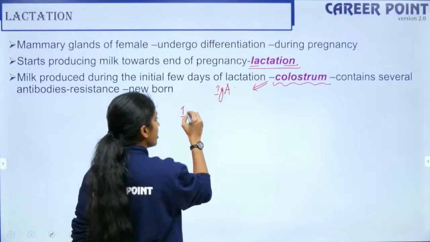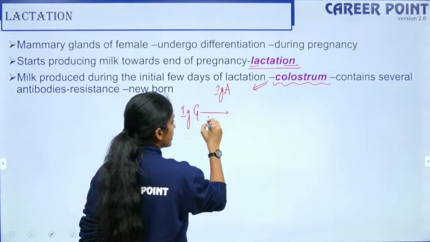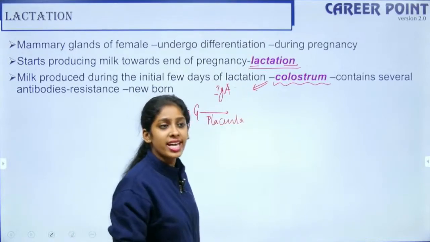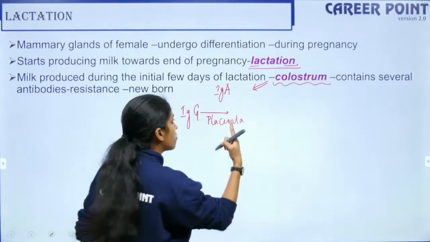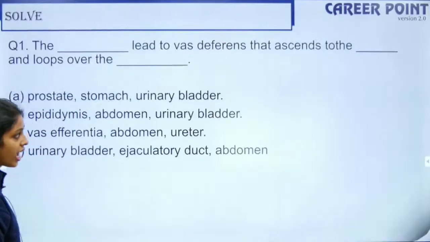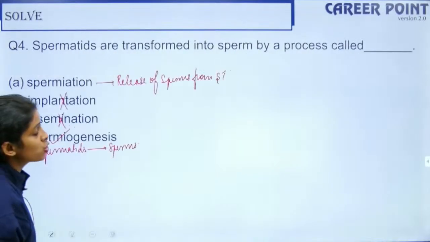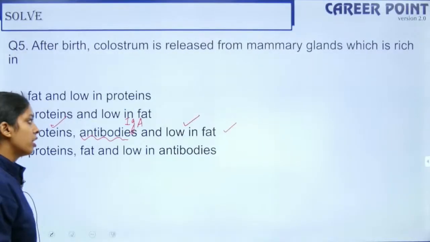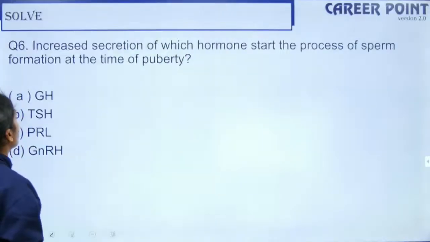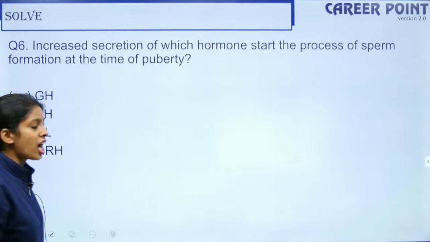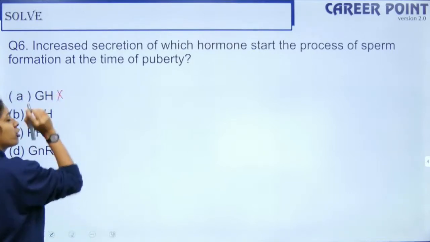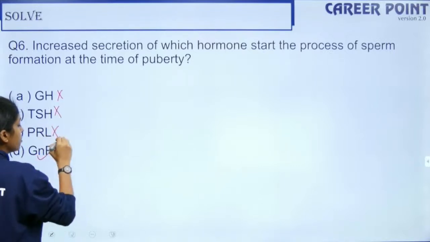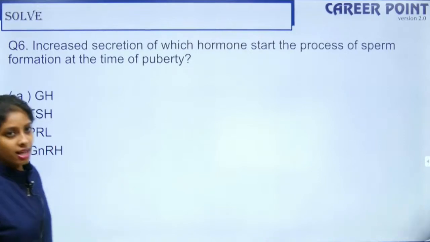So IgG is passed through the placenta. So when the child is developing inside, IgG is present. When it is born and the mother is breastfeeding, it is IgA. So colostrum is rich in IgA. IgG is a placental antibody. Okay? Fine. So increased secretion of which hormone? It is definitely not growth hormone, not thyroid stimulating hormone, definitely not prolactin. So it is gonadotropin releasing hormone.